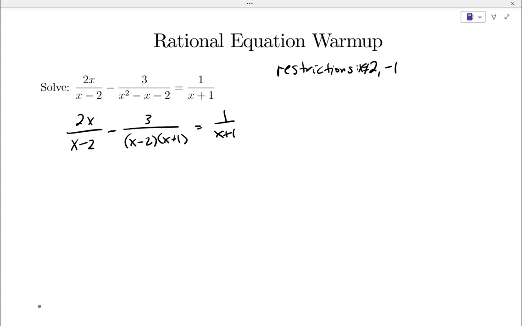Yeah, we want to multiply by what in this case? You have the x plus 1 and x minus 2. Good. That's that least common denominator thing, right? When I multiply both sides by the least common denominator.